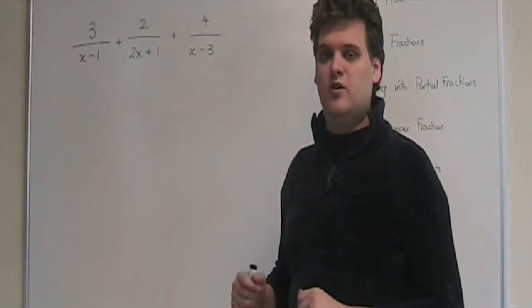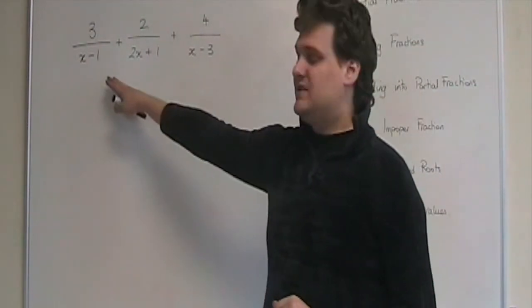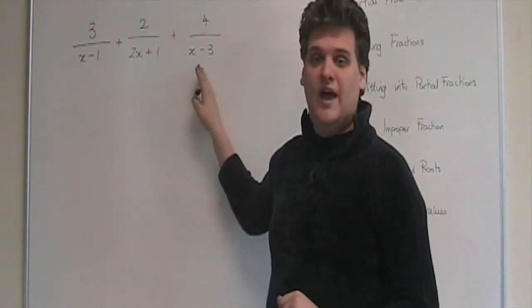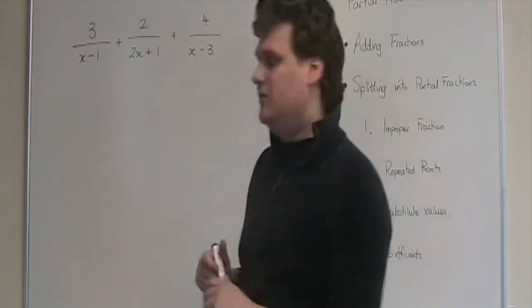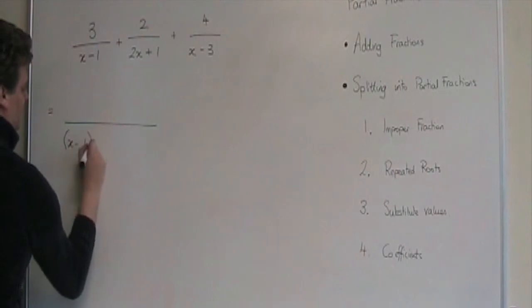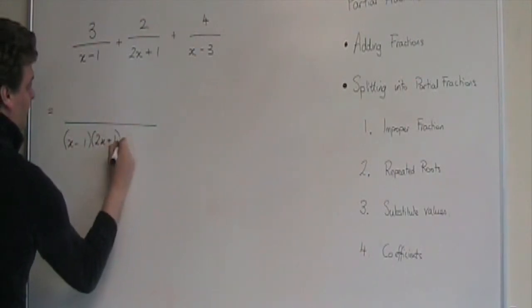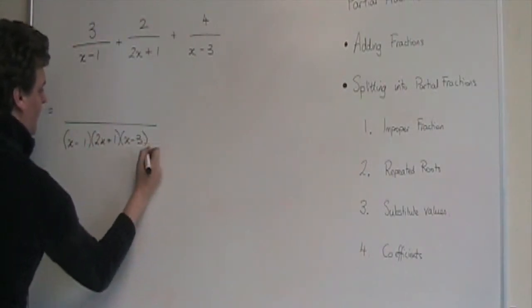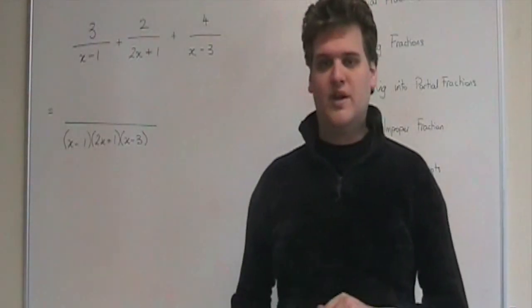So multiplying these through, we end up with a denominator of x minus 1, 2x plus 1, x minus 3, all multiplied together as so. That's the denominator we're looking for.